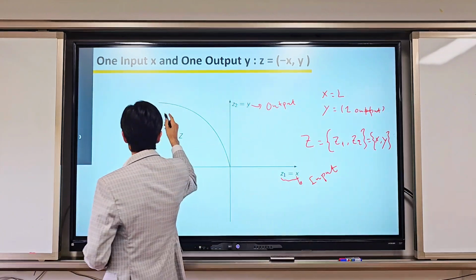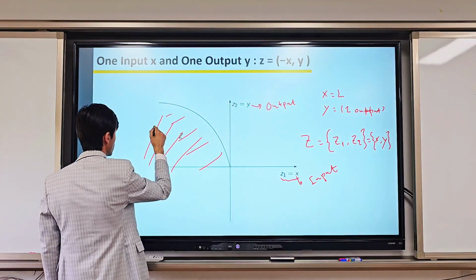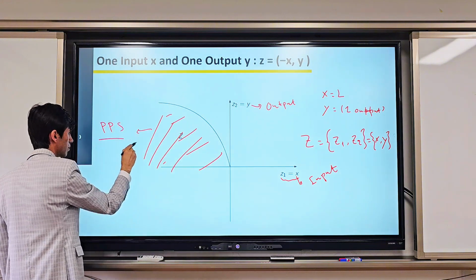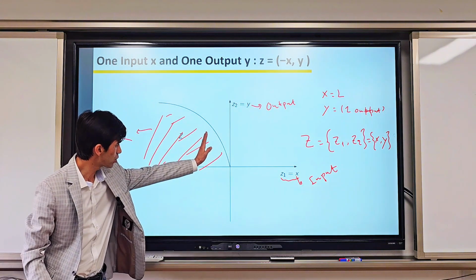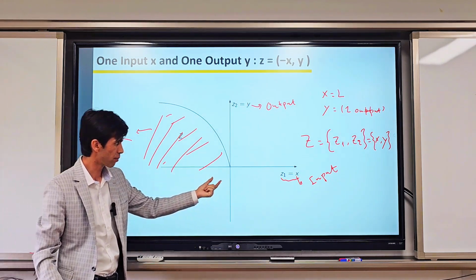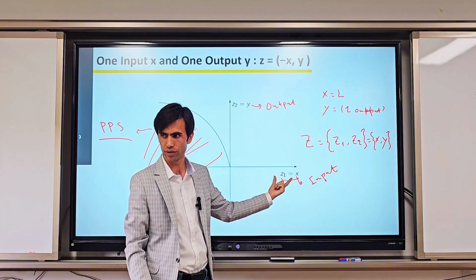So this part is our production possibility set. Why does it come to the negative side? Because as we already talked, we use a minus sign for the input.